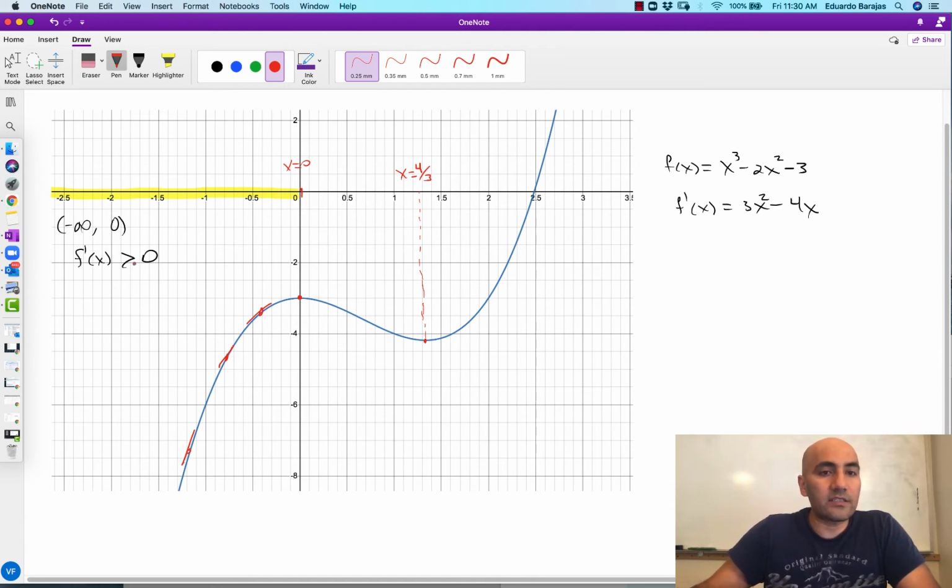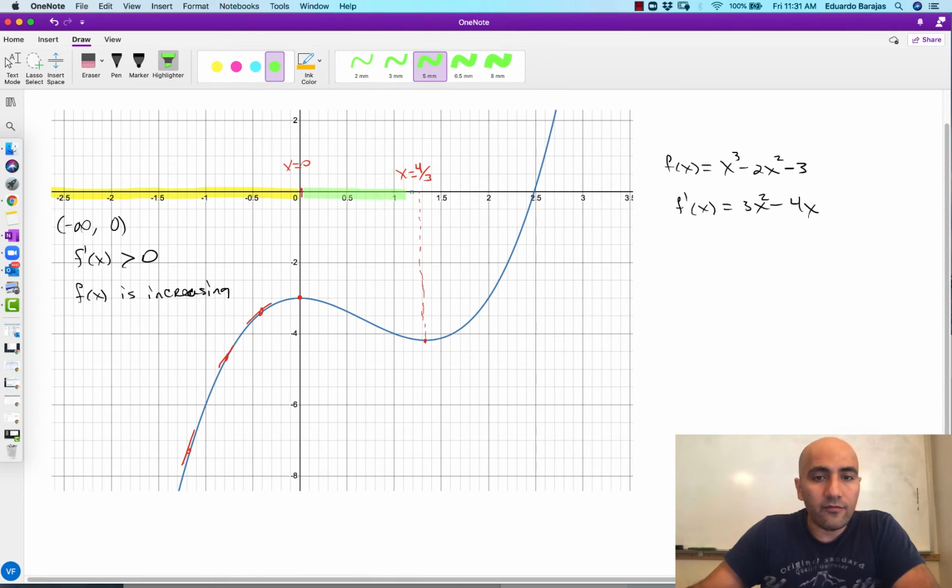So f prime of x is positive in this interval from negative infinity to 0. We also know, as a consequence, that the original function is increasing. As we can see, the function is on its way up. Notice that in this particular case, the function is always negative, but it's increasing. So the derivative is positive, the underlying function happens to be negative here, but f of x is increasing on this interval.